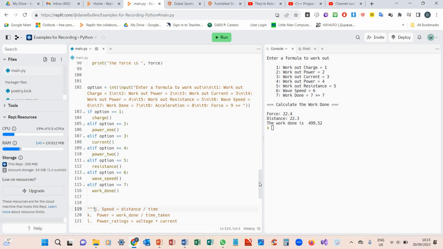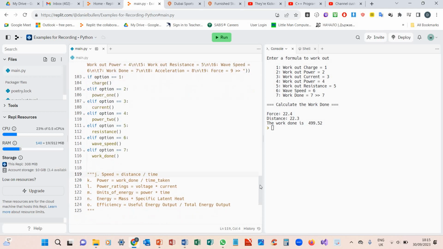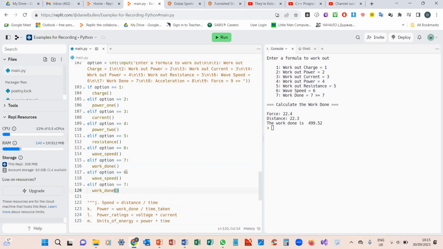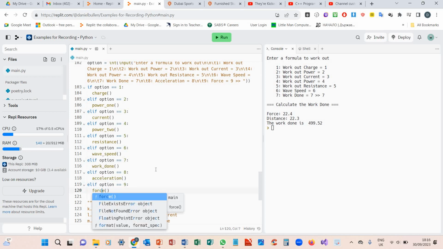And then we're obviously going to need the speed, but not just yet. So we got 8, that's going to be acceleration. 9, that's going to be speed. Force.